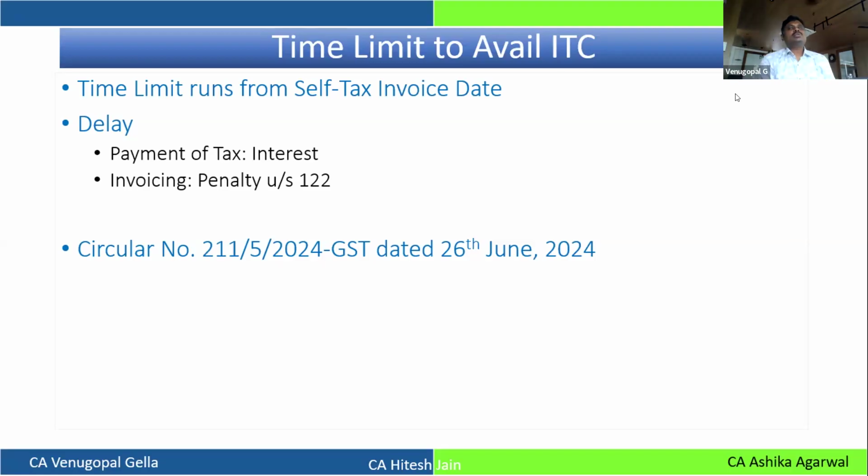For RCM, there is one pretty common issue where people read sections 22, 23, 24. Section 22 mandates registration once you cross the threshold limit, that is, you are crossing turnover of 20 lakhs for services, 40 lakhs for goods, you have to register.